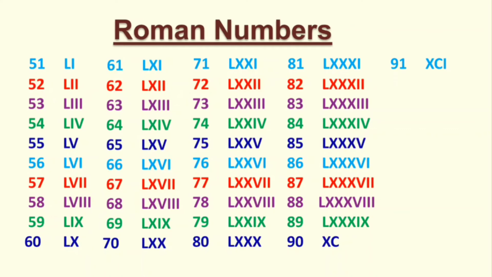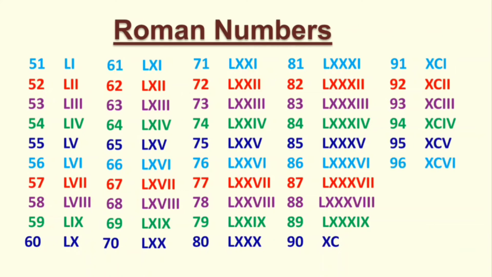Here for 91, the tens number is 90, XC, and for 1, 2 we know the symbols. Thus you can write 91 to 99. And lastly for 100 we can write C. 100 is represented by C.